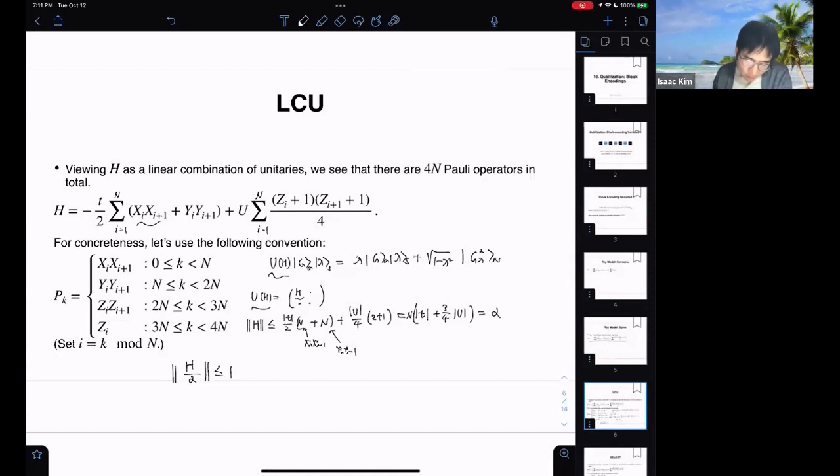And then what we realize, as we discussed last time, is that H is a linear combination of unitaries, because all these terms such as X_i X_{i+1}, Y_i Y_{i+1}, Z_i Z_{i+1} are all just unitary operators. So we're going to leverage what we learned in these previous lectures in this qubitization setup.